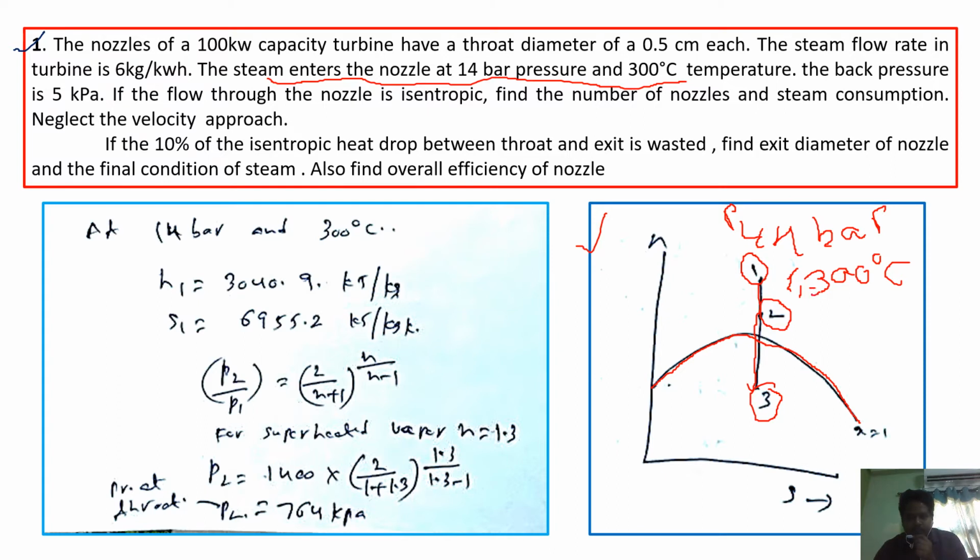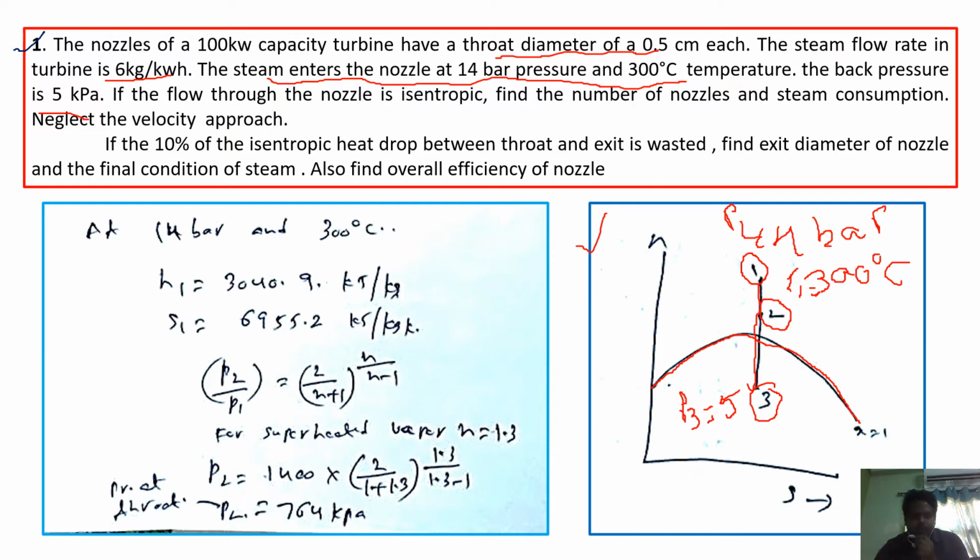So P1 is 14 bar, T1 is 300 degree centigrade. The back pressure is 5 kilopascal. Back pressure means pressure at the exit of the nozzle. So P3 equals 5 kilopascal. Okay, this is the given data. And also they have given throat diameter 0.5 centimeter each and mass flow rate m dot 6 kg per kilowatt hour.